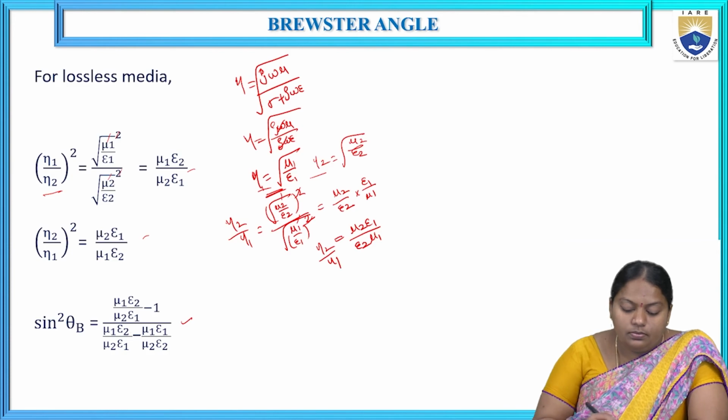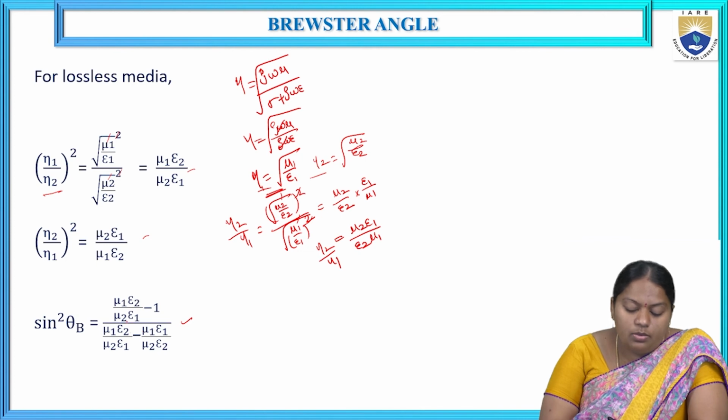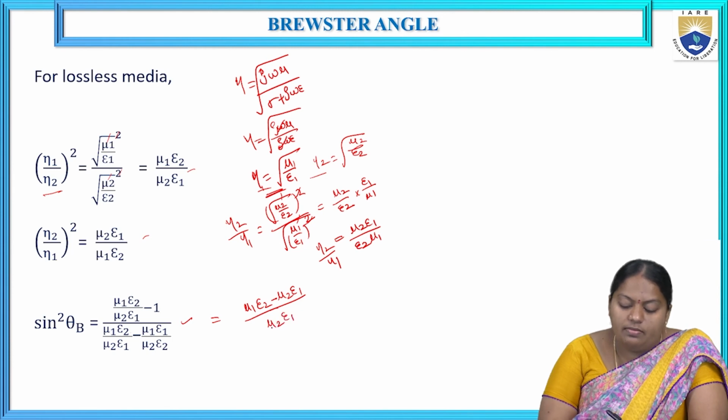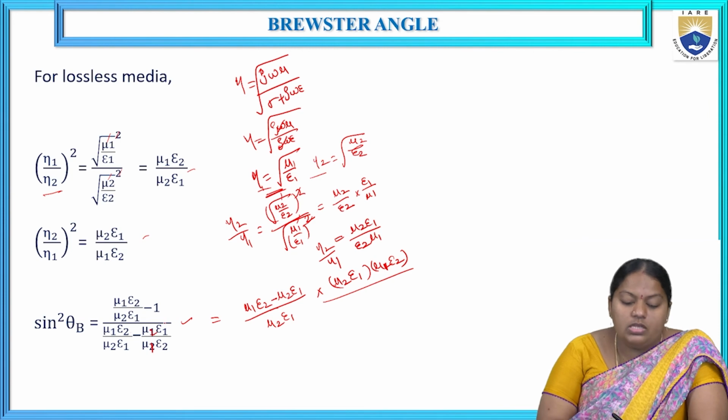By taking the LCM between these two and simplifying, and then cross multiplying, the numerator and denominator terms are obtained, with mu 1 square epsilon 2 square minus mu 2 square epsilon 1 square in the denominator.